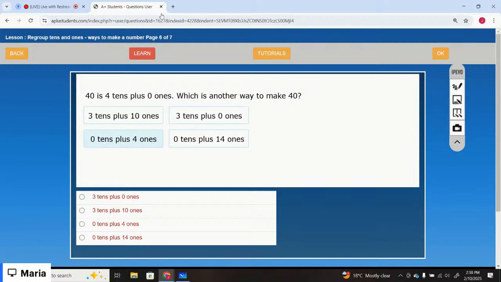That is 3 tens plus 10 ones. Option number 1 is the correct option. That is option 3 tens plus 10 ones is the correct option.